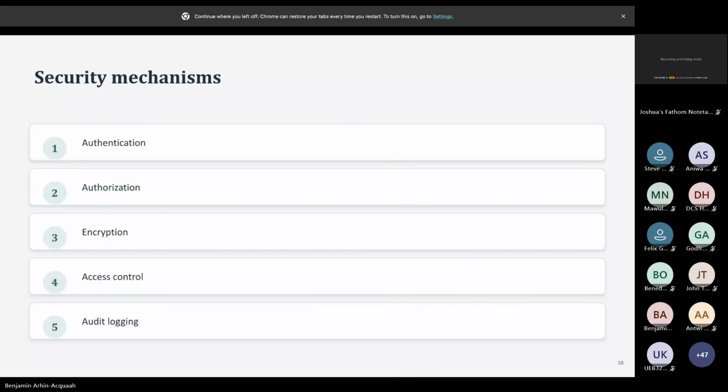So the process you are doing by logging in is what authentication is. That means someone wants to access some data, but you need to know that this person is who they say they are, right?